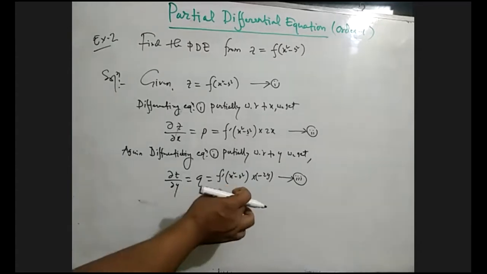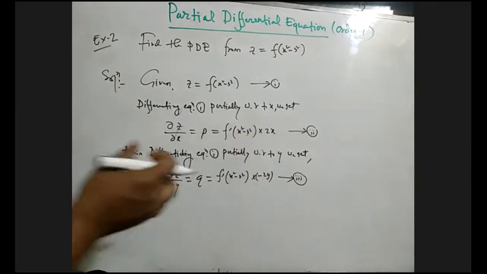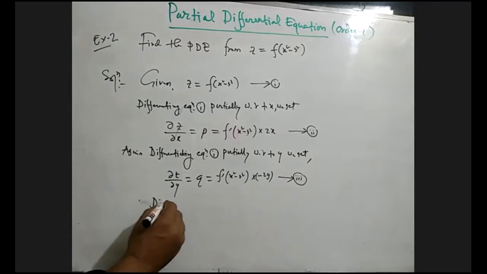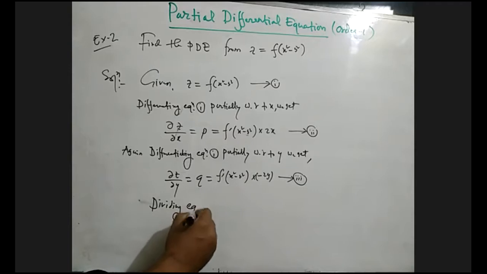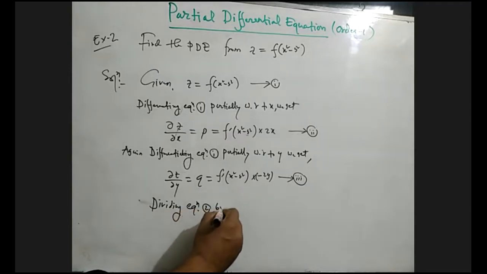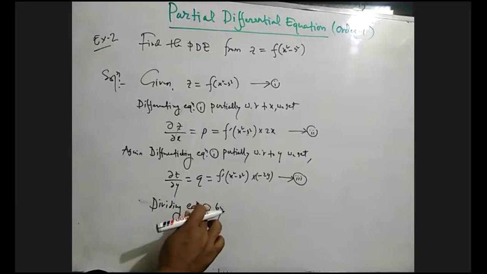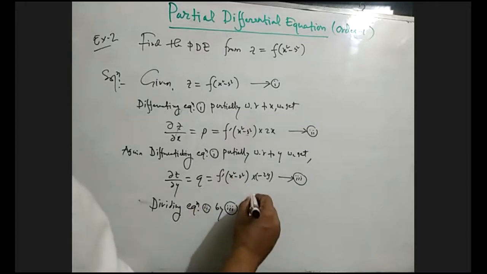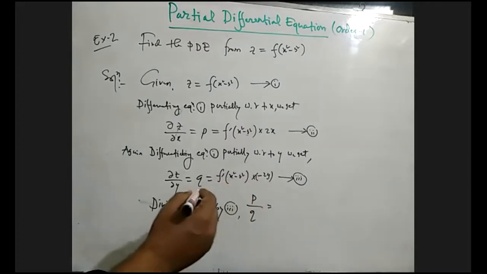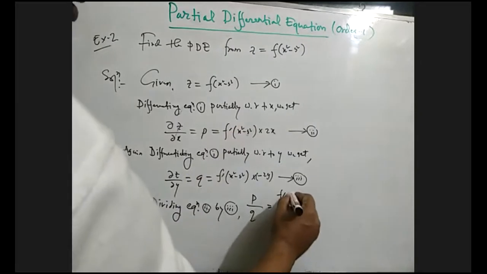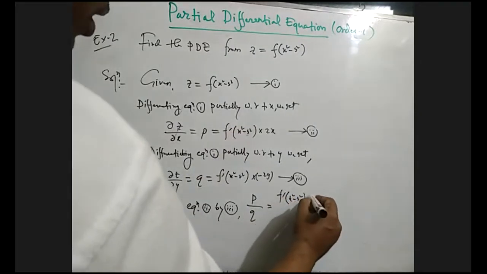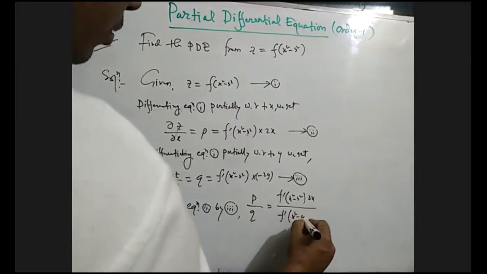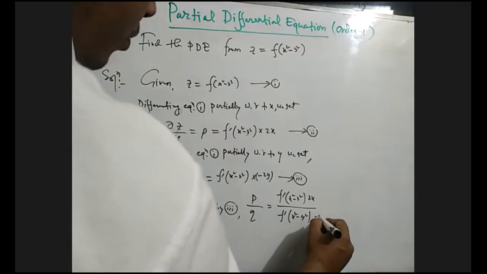Now we can divide equation 2 by equation 3. That means P divided by Q can be written as f dash x squared minus y squared twice x, divided by the first partial derivative squared minus twice y.